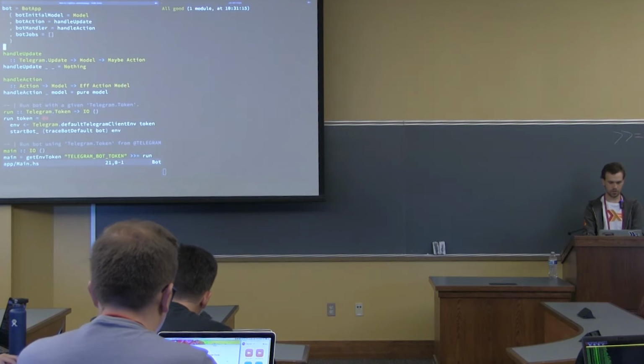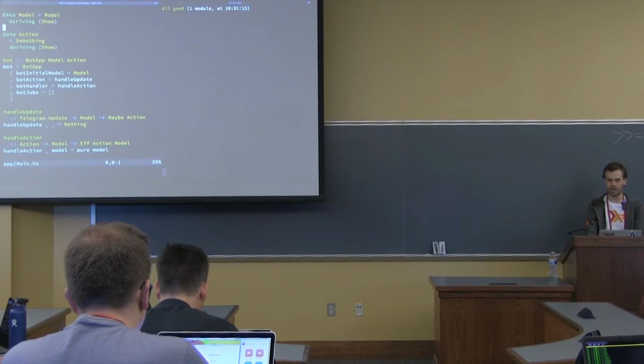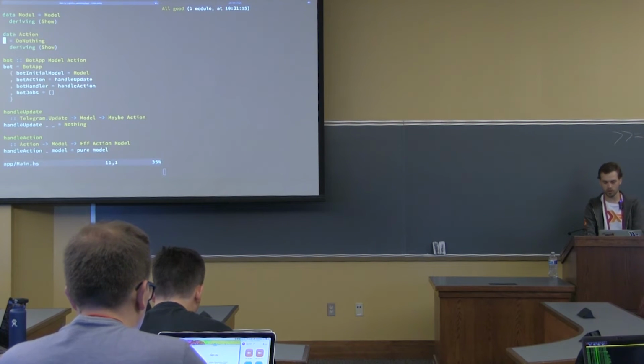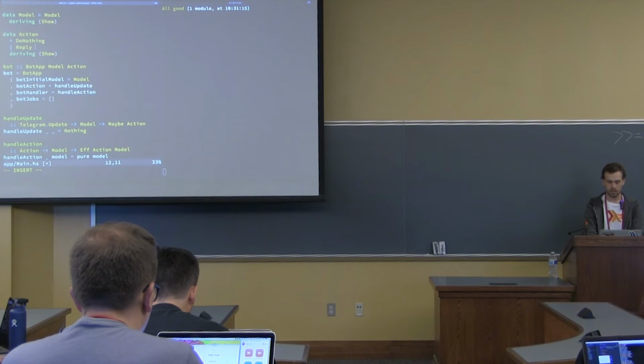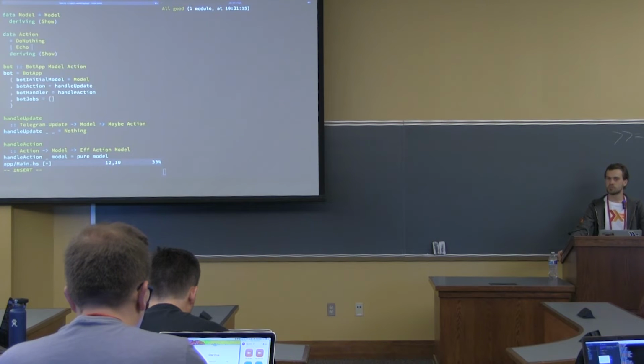Okay. And for that we will need a new action, right? If we want our bot to say something, we need an action for that. That action could be, for instance, Reply, or Echo. It can be anything really. And this action should have some argument to it, right?